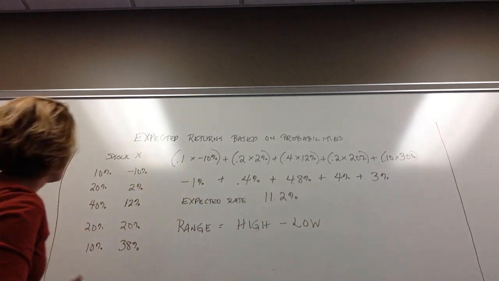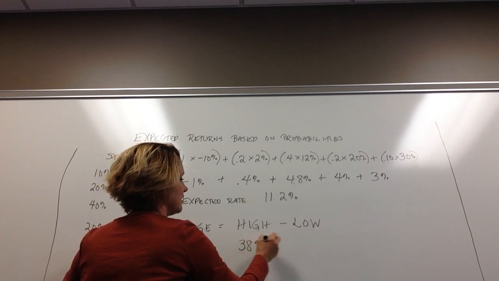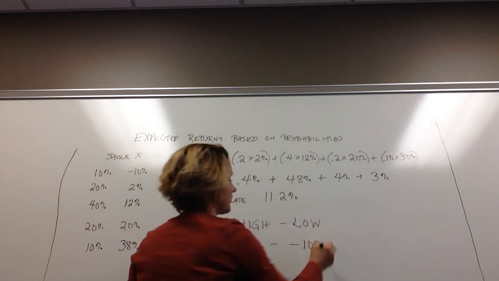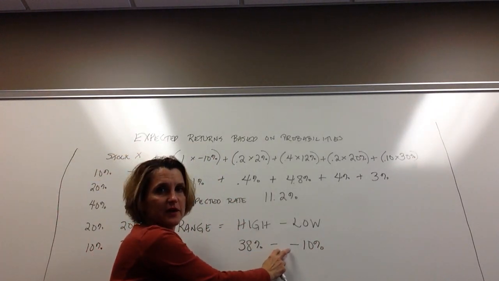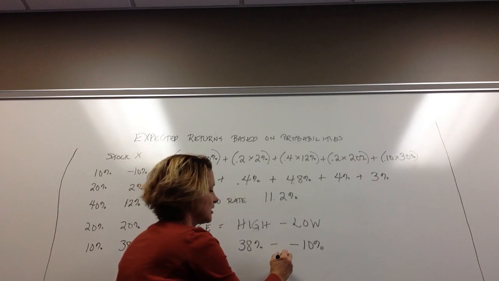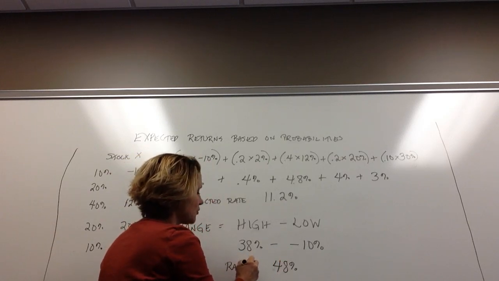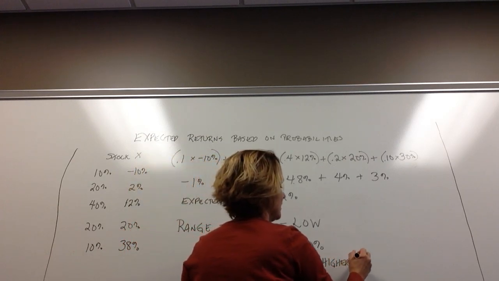With this example, we have a high return of 38% and a low return of a negative 10%. Remember your math rules: a double negative makes a positive. So that's really going to be a 48% range. Our rule is the higher the range, the higher the risk.